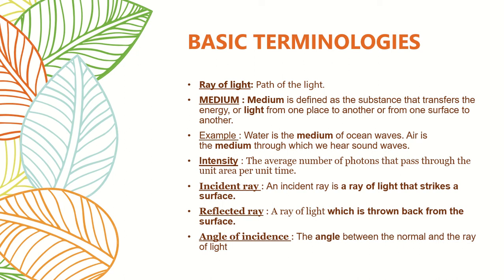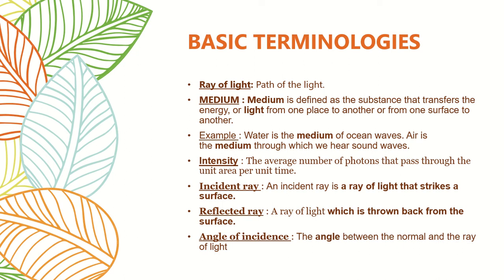The next basic terminology is intensity. How are you going to define intensity? It is nothing but the average number of photons that pass through a unit area per unit time. Consider a unit area.